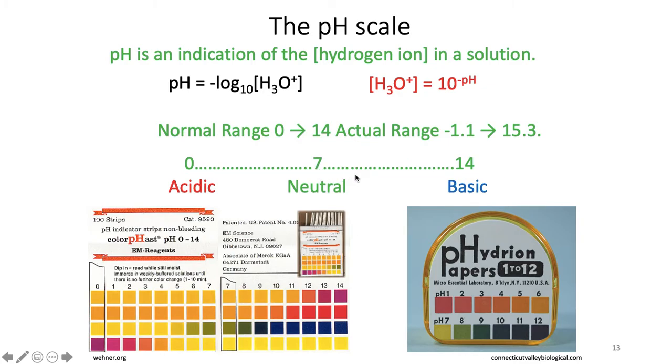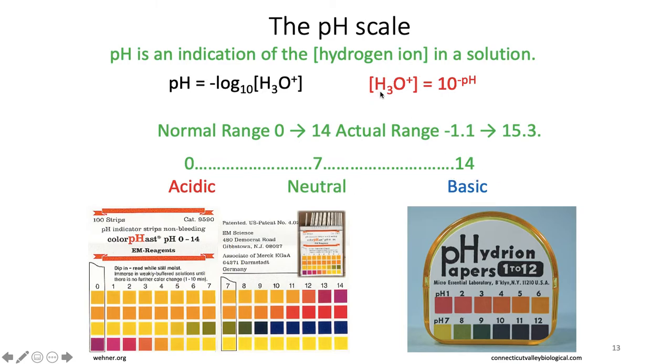So if you have, for example, 1 times 10 to the minus 8th molar H3O plus, that means 1 times 10 to the minus 8th is less than 1 times 10 to the minus 7th, which is the concentration of H3O plus in a neutral solution. If you have less H3O plus, that means you have more OH minus, which means the solution is basic.